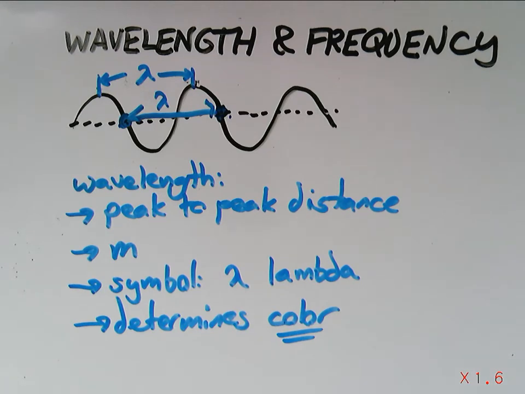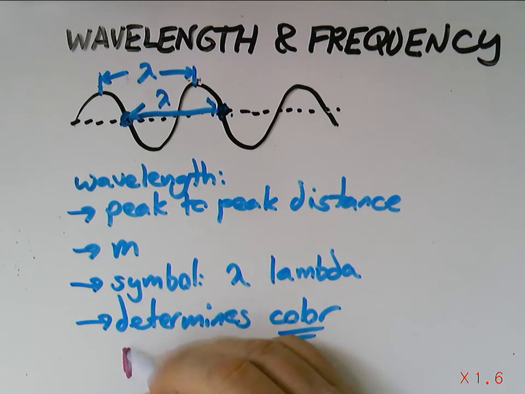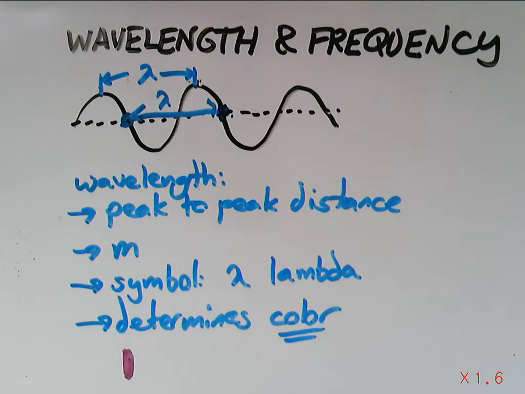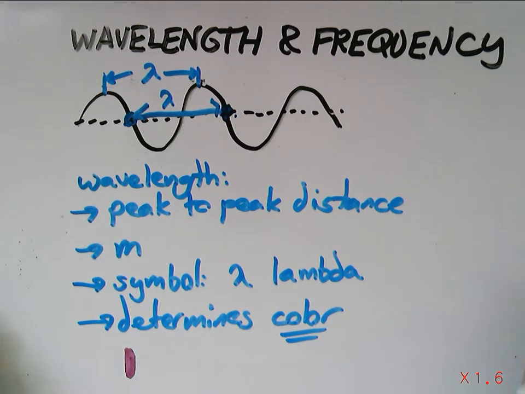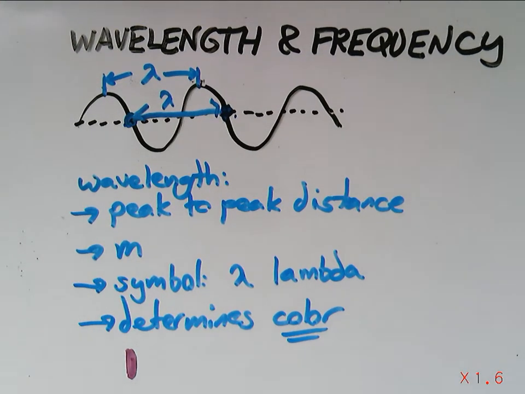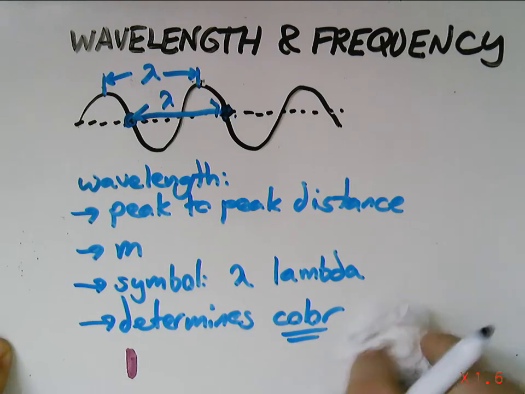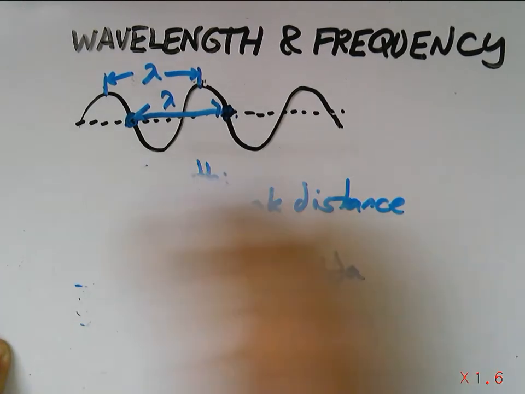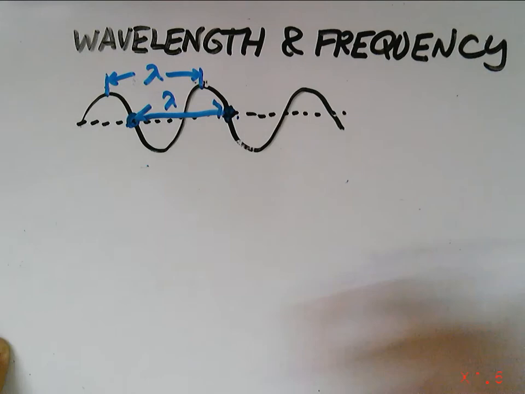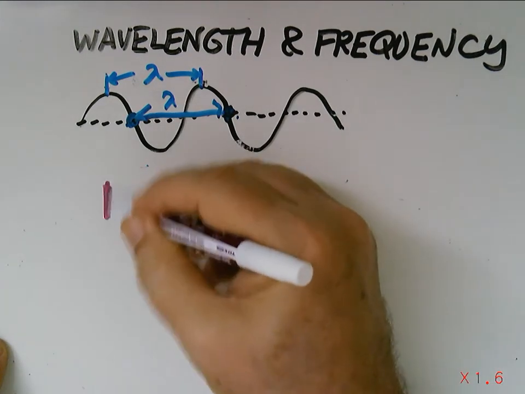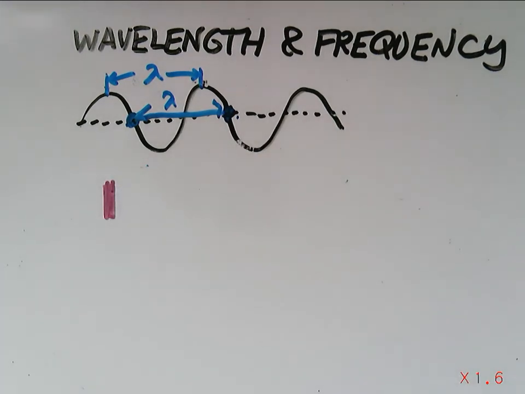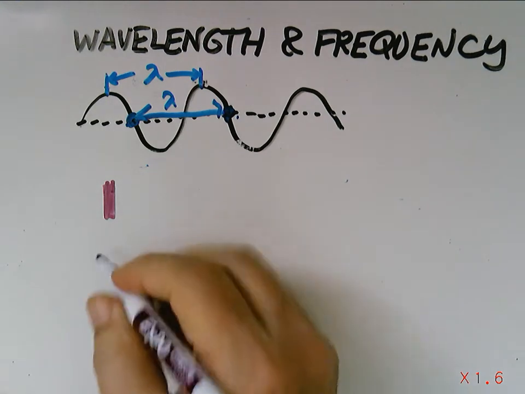How does that work? Well, let's see. If you've got violet light, your wavelength is going to be about 400 nanometers.